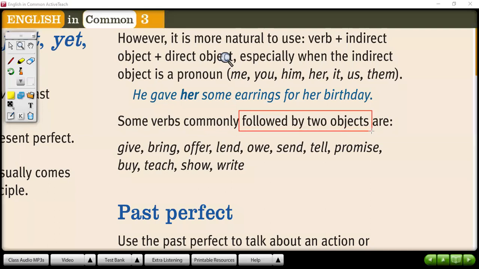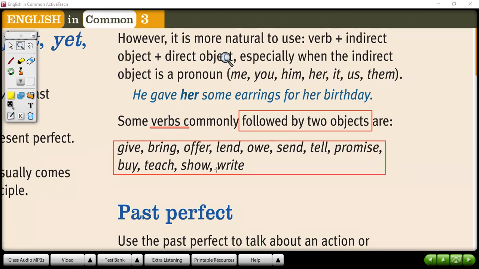Yes, followed by two objects are some verbs. Which ones? Give, bring, offer, lend, owe, send, tell, promise, buy, teach, show, write.